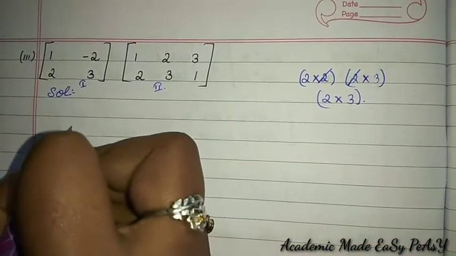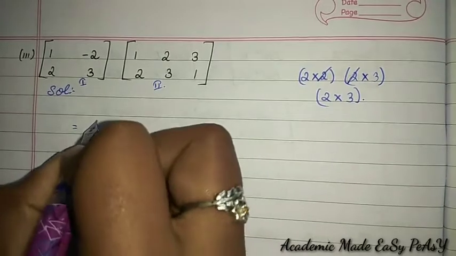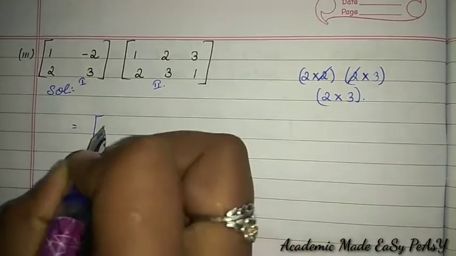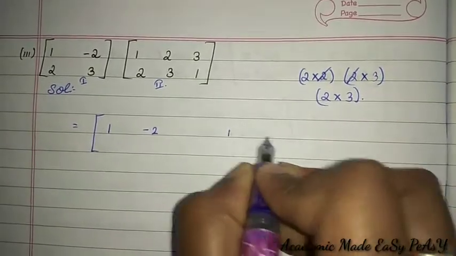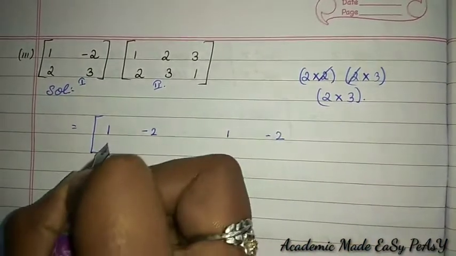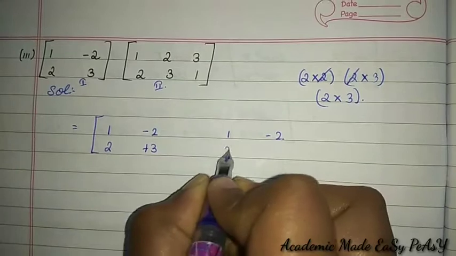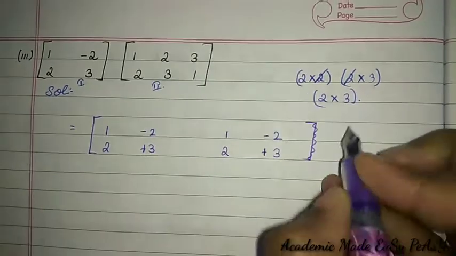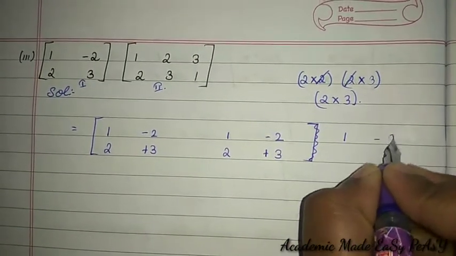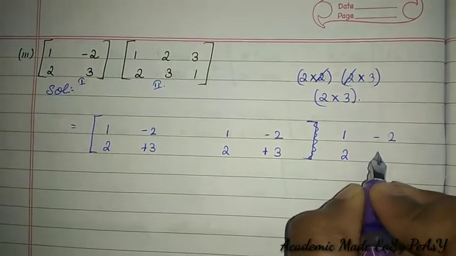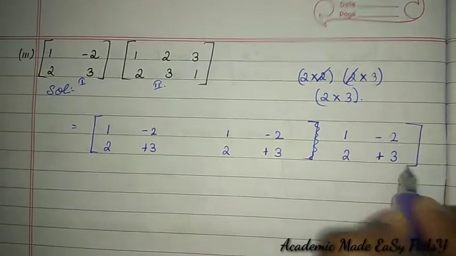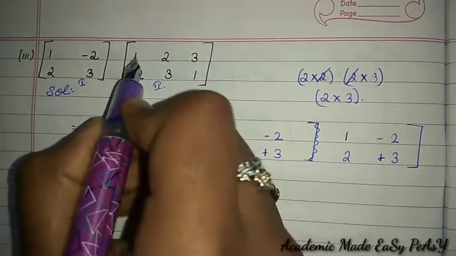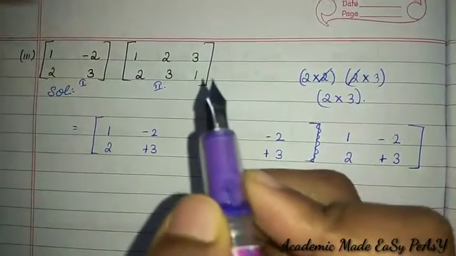Now first I will take only the rows of my first matrix, that is 1 minus 2, 1 minus 2, 2 plus 3, 2 plus 3, 1 minus 2, 2 plus 3. Since I have 3 columns now, I will be multiplying with this.